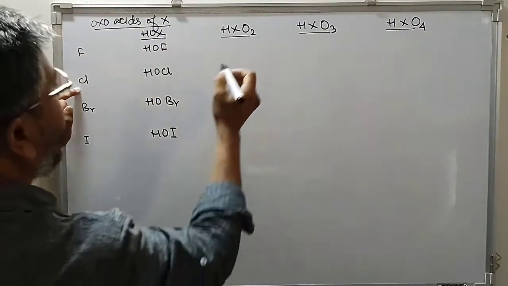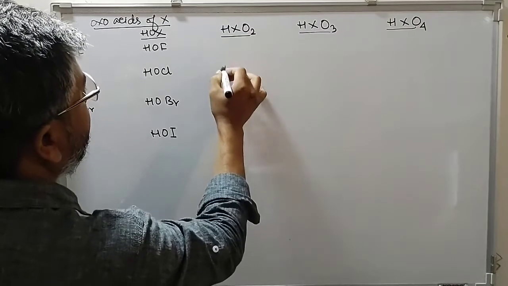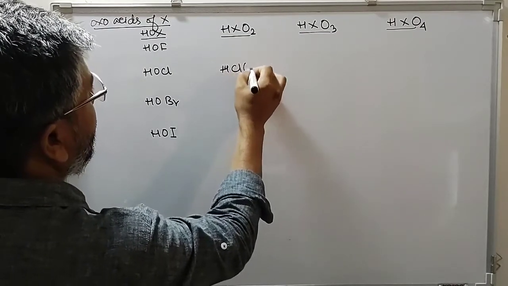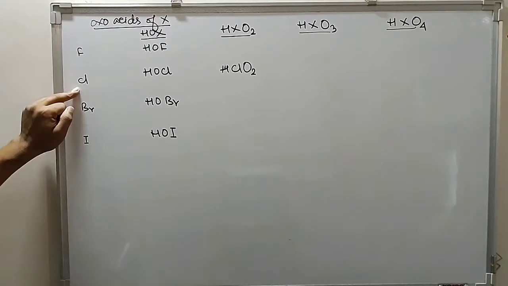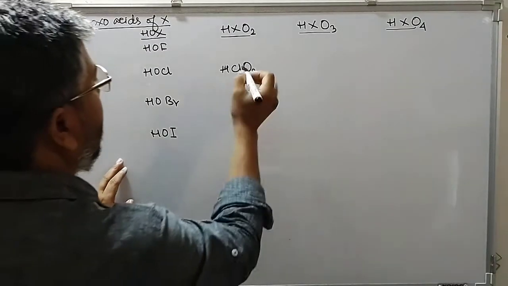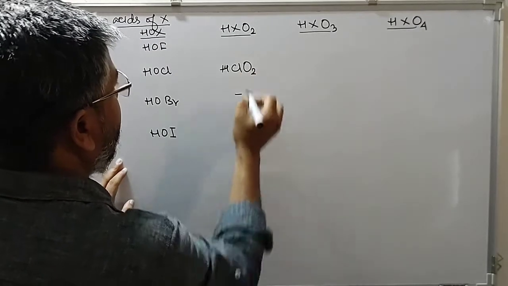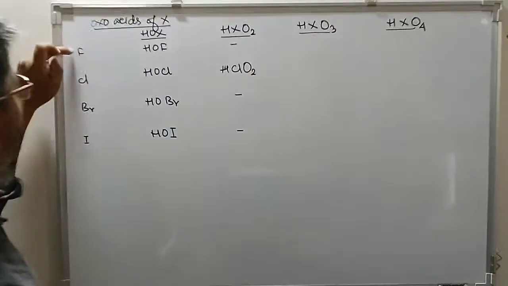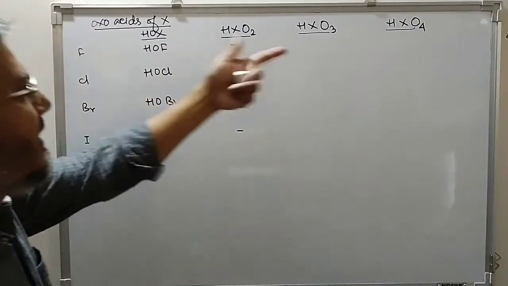HXO2 is formed by chlorine only, HClO2. This is not given by fluorine, bromine and iodine.